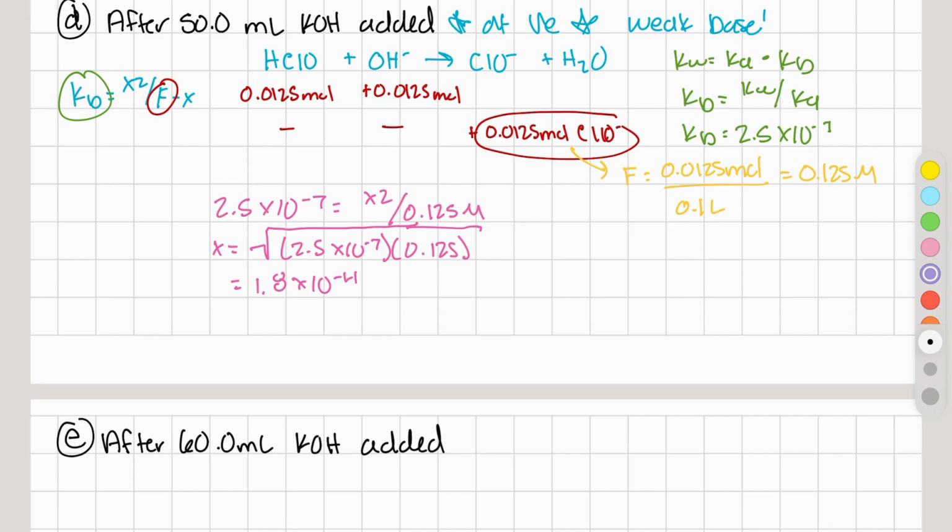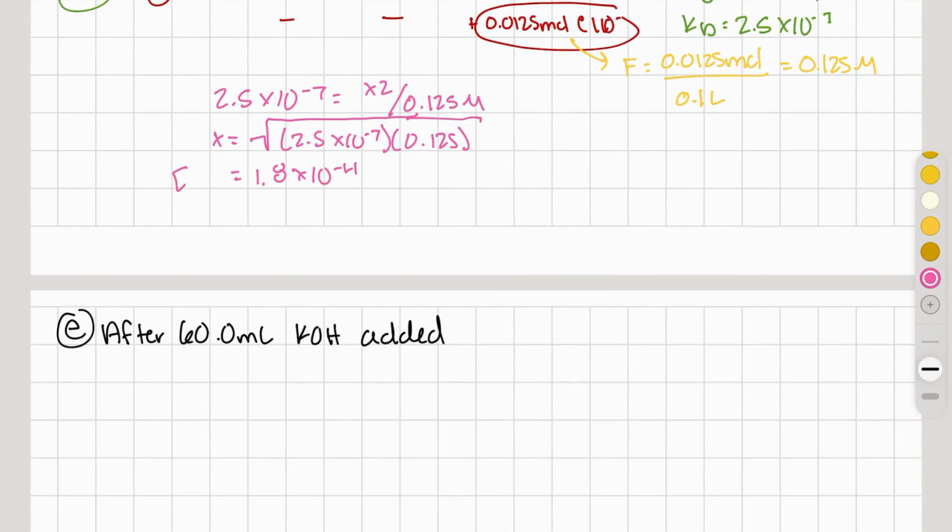So in this case, x comes from this OH value. So this is not our H+, this is our OH concentration. And so we can do pOH equals 3.75. So then 14 minus 3.75 equals 10.25, which is our pH for the solution.